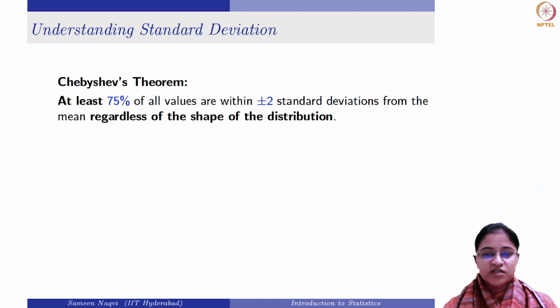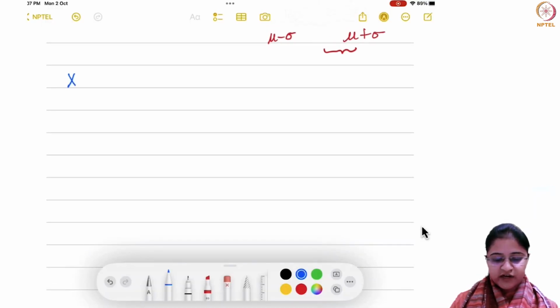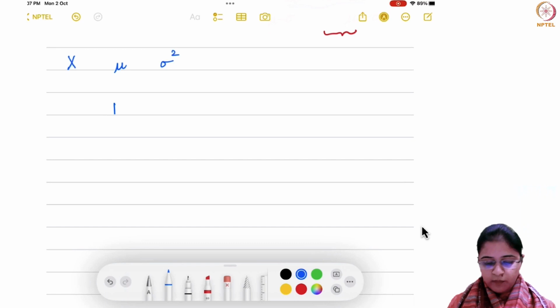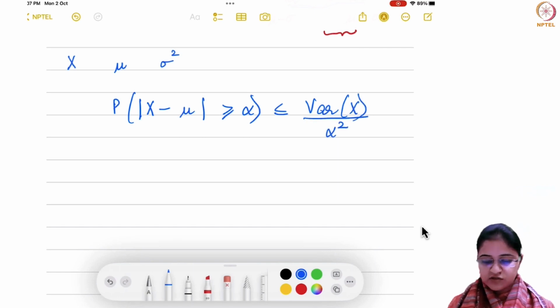And how do we get this? Chebyshev's theorem says that if you have a random variable x with mean mu and finite variance sigma squared, then the probability that the modulus of x minus mu is greater than or equal to some alpha is going to be less than or equal to the variance of that random variable divided by alpha squared.